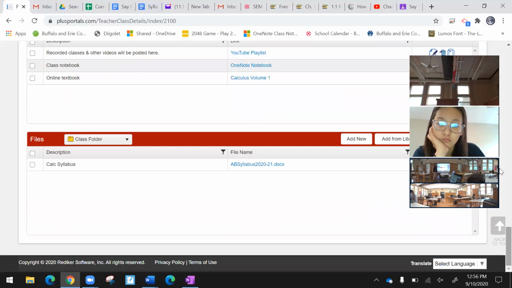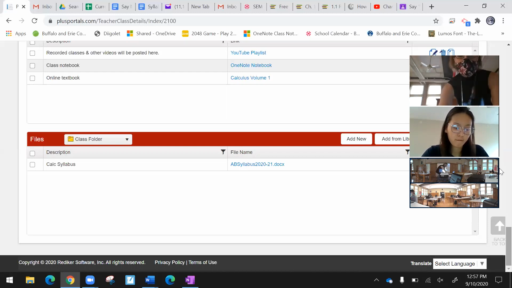And then files is where you will find the syllabus. Okay. I try to put everything on the portal so it's all there and you have it. As Fiona asked during AP Physics, if I tell you something in class, like read 1.5 for tomorrow, and it's not on the portal, you should go with what I said in class. But you should also say, yes, that's not on the portal. And I'll say, okay, I'll get it on there later. Ask questions. That's the big thing, is ask questions.